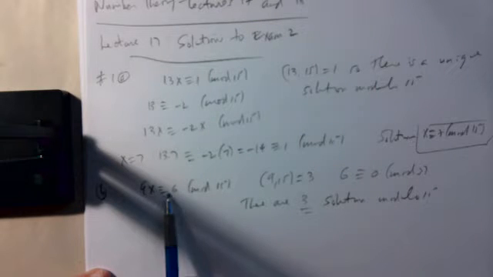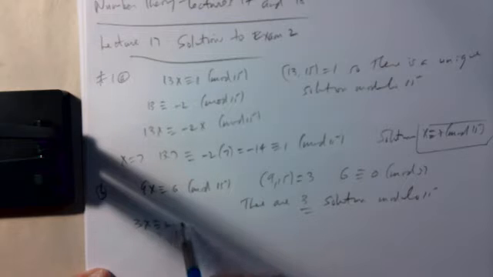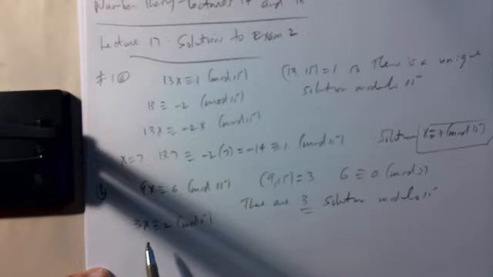Well, if 9x is congruent to 6 mod 15, if you divide everything by 3, 3x is congruent to 2 mod 5. What's the solution of this congruence? Well, this you can almost do in your head. 3 is not congruent to 2, 6 is not congruent to 2, 9 is not congruent to 2, 12 is congruent to 2.